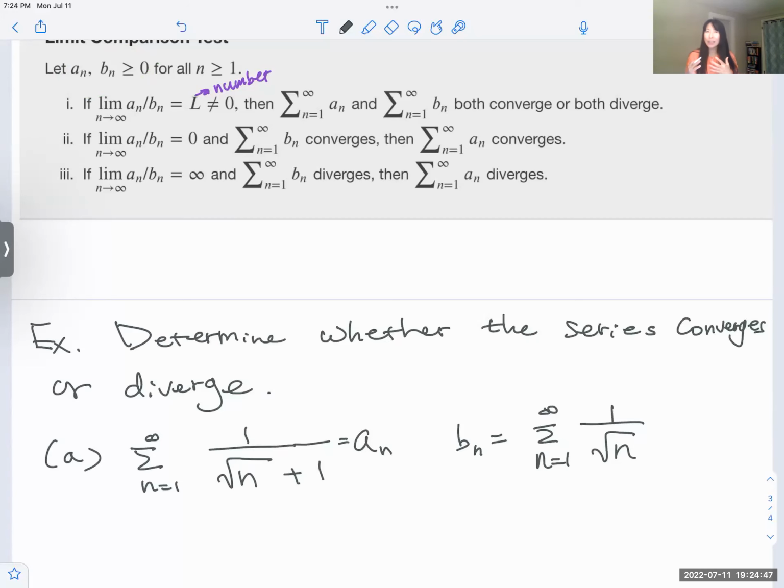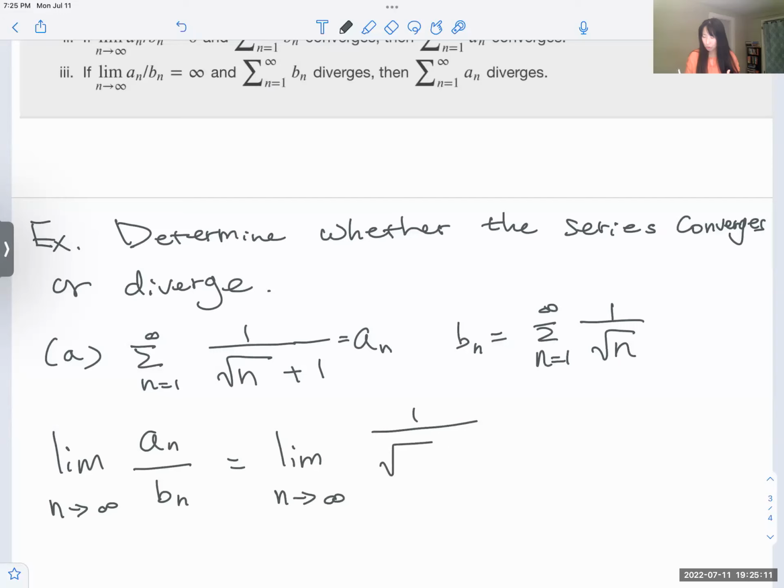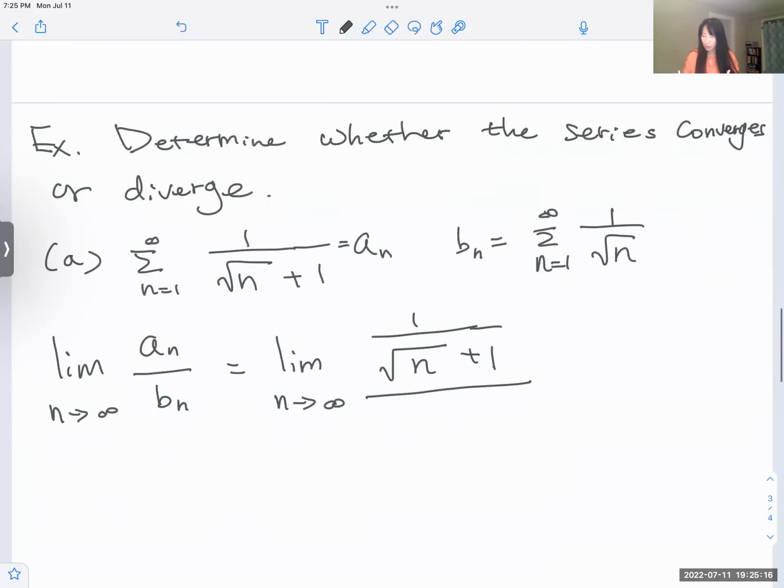Now we take the limit and divide A sub n by B sub n, okay? This is by the limit comparison test. A sub n over B sub n, so the limit as n approaches positive infinity of 1 over square root of n plus 1, all over 1 over square root of n.